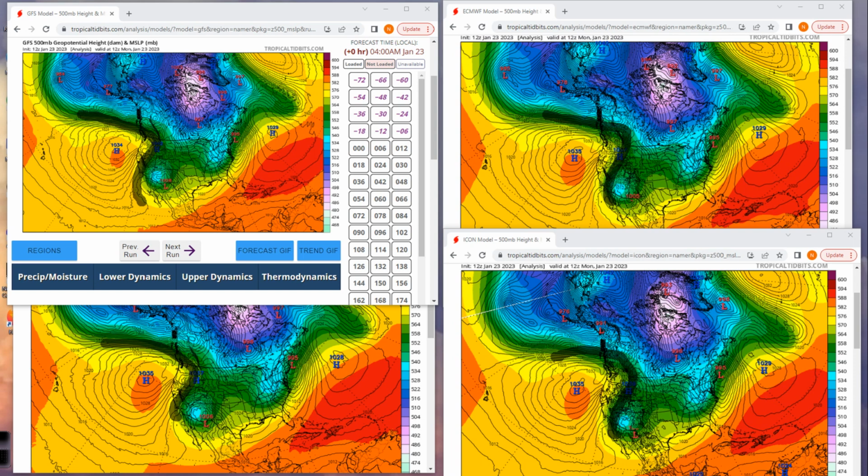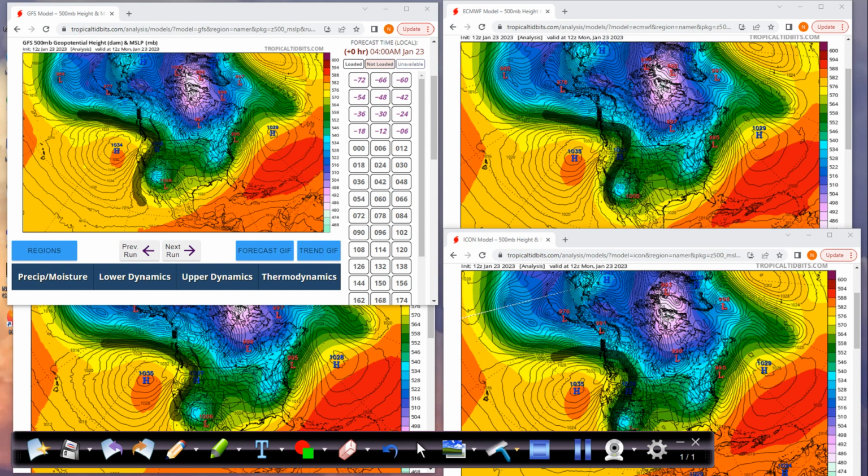But anyway, these are all valid for this morning, so they're all going to look very similar, because they're all basically analysis from this morning. But you see on the GFS model, this ridge isn't as strong. You tell that by this orange area isn't as big as those others. I'm just making sure that the scale is the same.